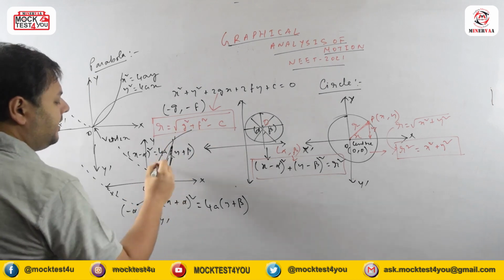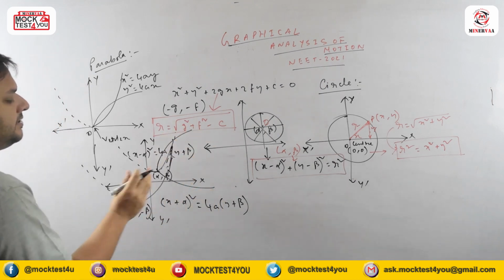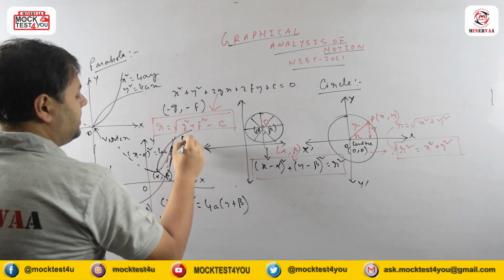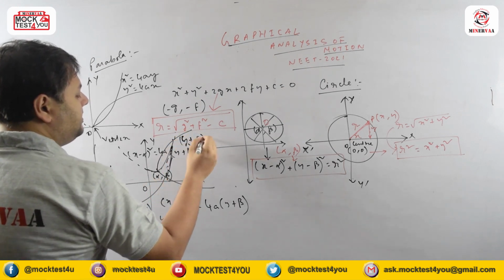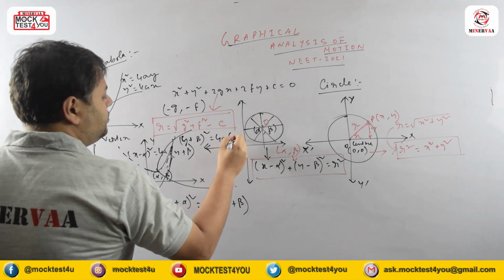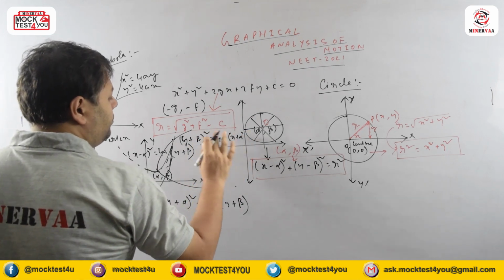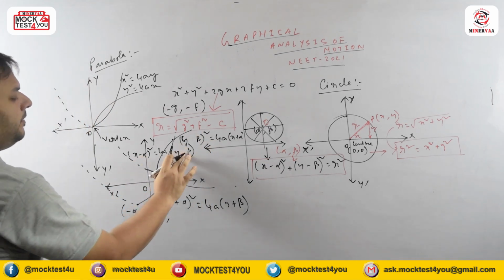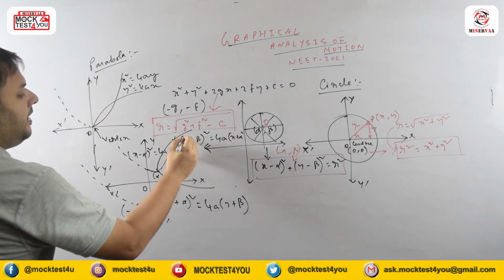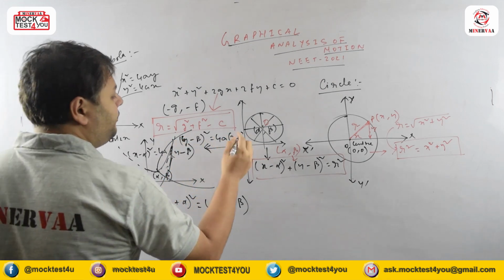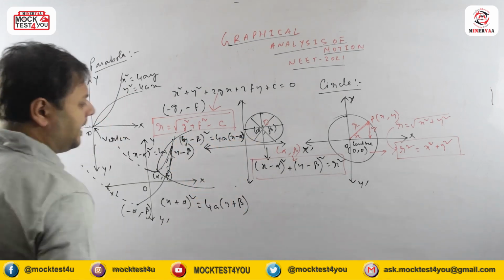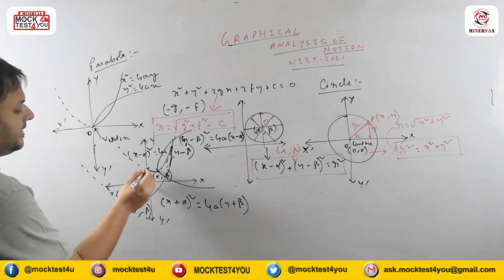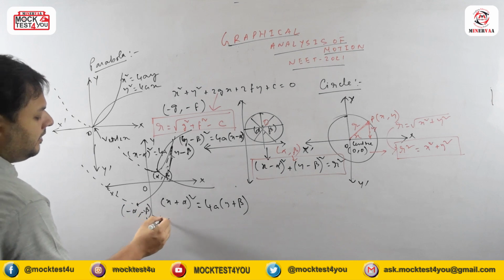Suppose the parabola is going like this, the curvature bending towards the x-axis, this parabola will be taken as y minus beta whole square equals 4a into x minus alpha.